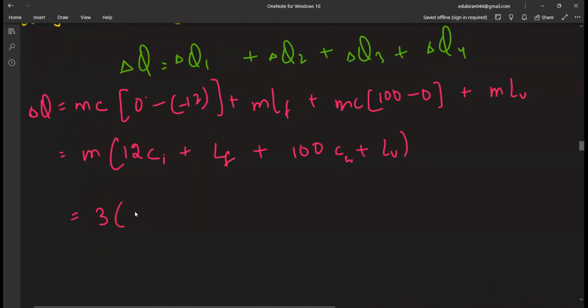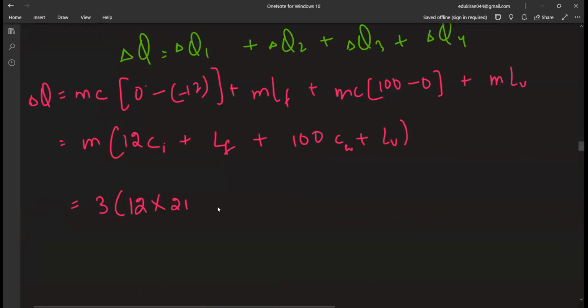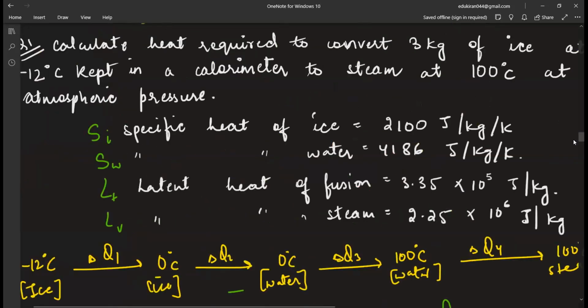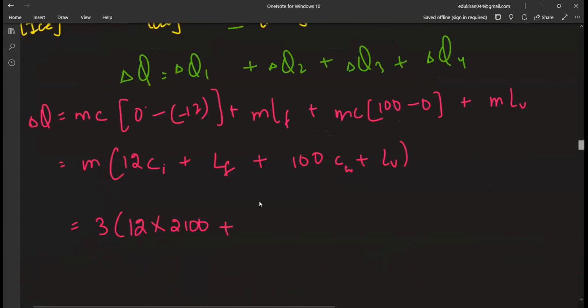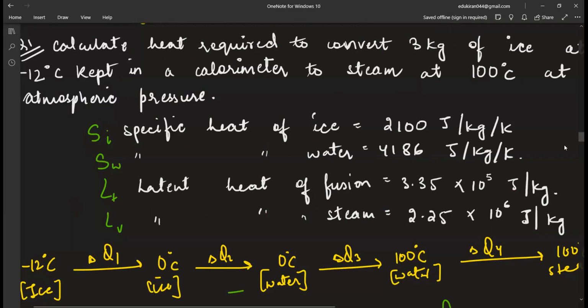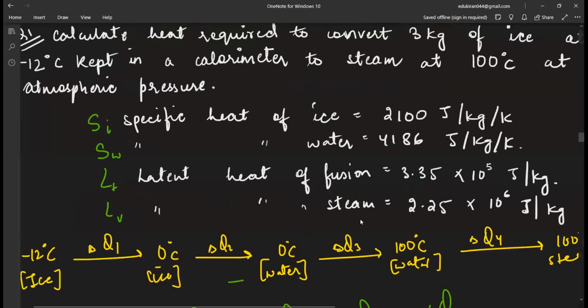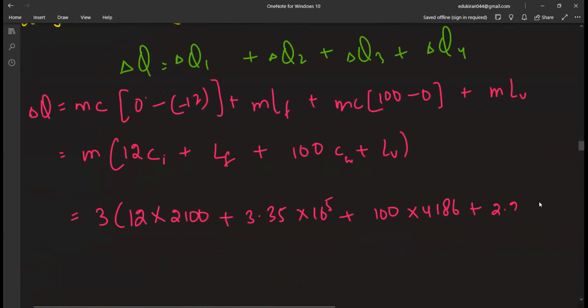So 3 kg into 12 into specific heat of ice, 2100, plus LF, latent heat of fusion, 3.35 into 10 to the power 5, plus 100 into specific heat of water, 4186, plus finally latent heat of vaporization, steam, 2.25 into 10 to the power 6.